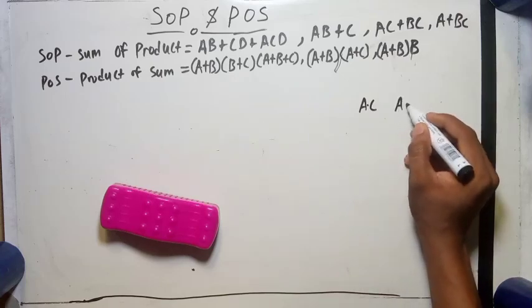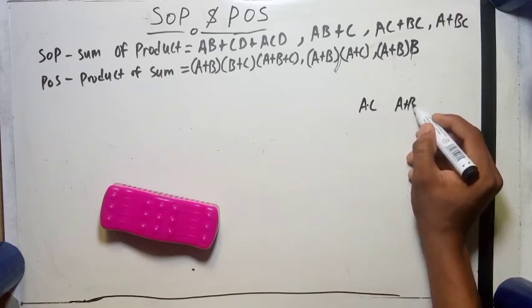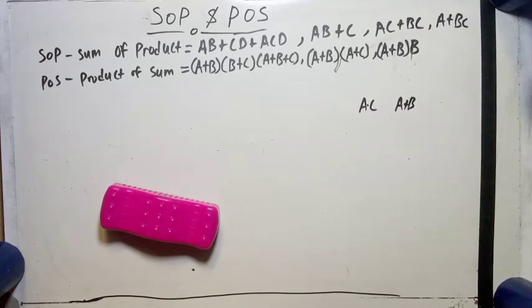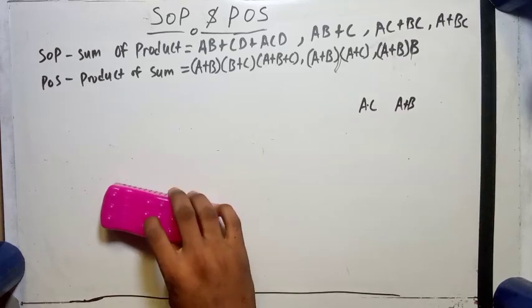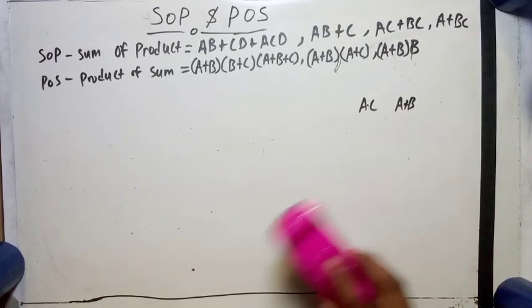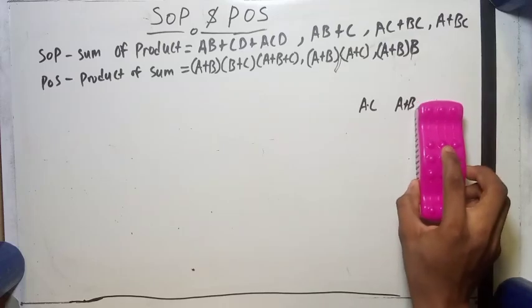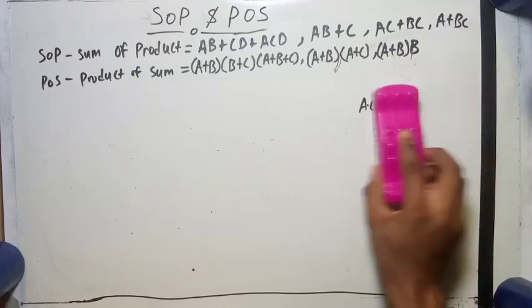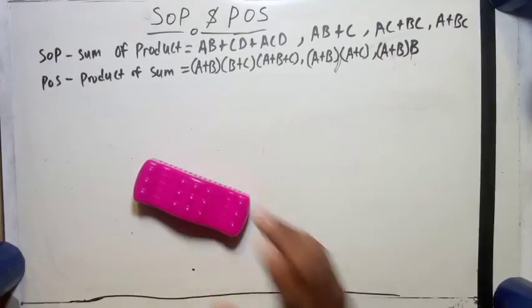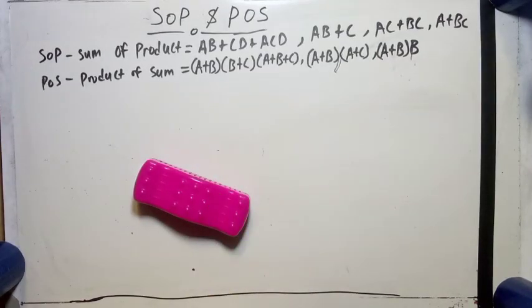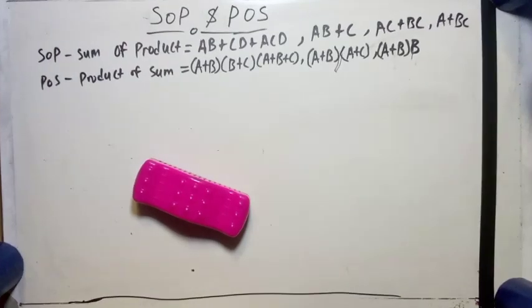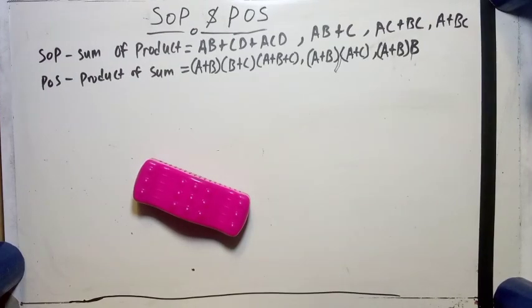The same thing with A plus B. This is just a sum. So we don't have any product in this one, so you cannot call it a product of sum or a sum of products, because it has to have both the product and the sum in it. Okay, so that's for an example.